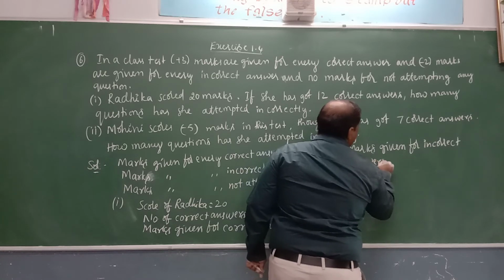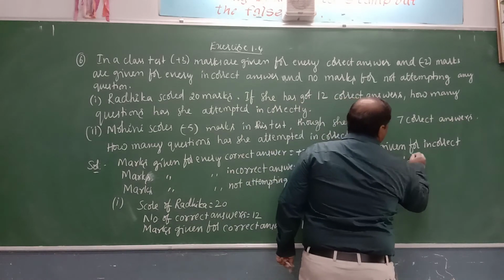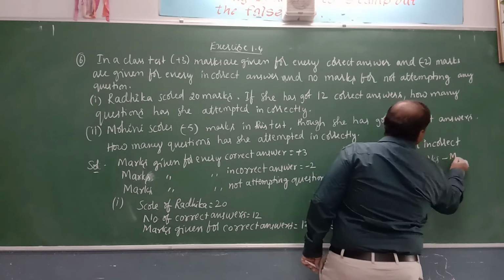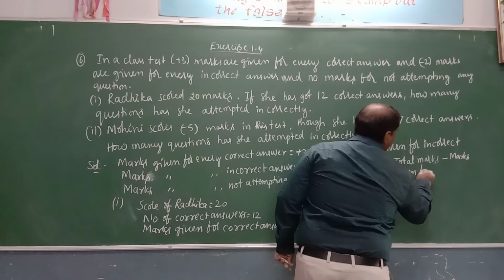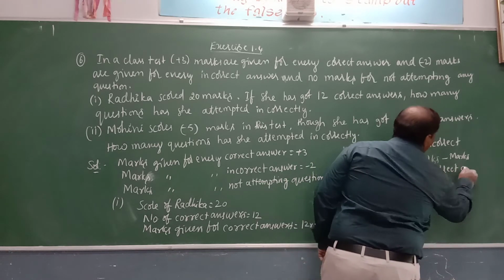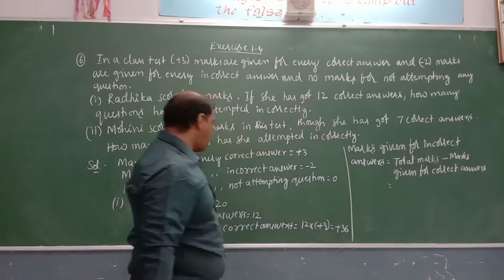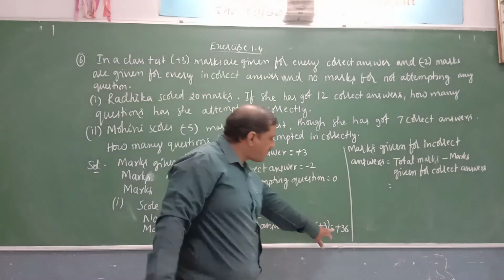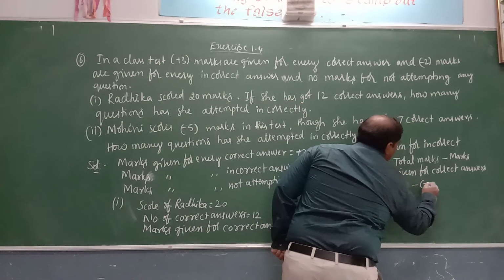So the marks given for incorrect answers is equal to total marks of Radhika minus marks given for correct answers. So total marks, how many marks did she score? It is 20 marks she scored finally, and she got plus 36 marks for correct answers. Therefore it is total marks 20 minus plus 36.